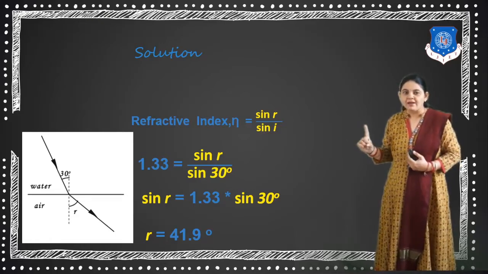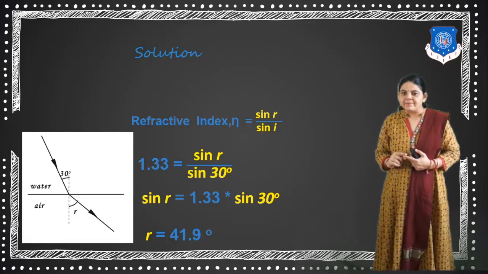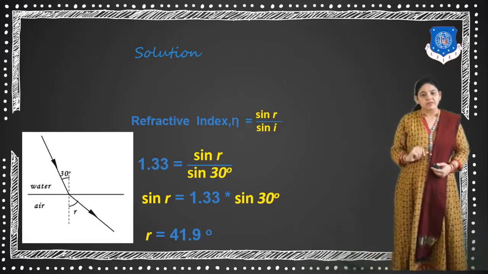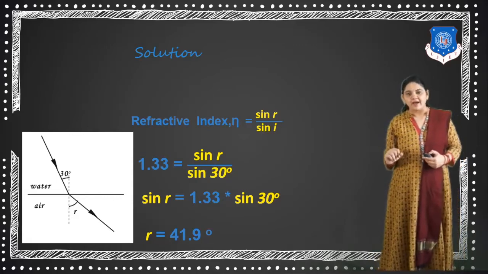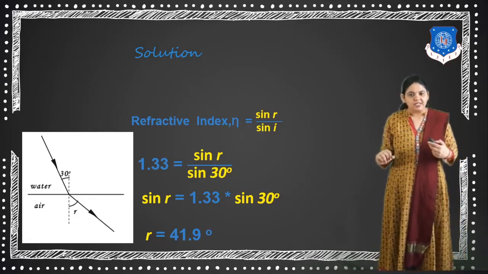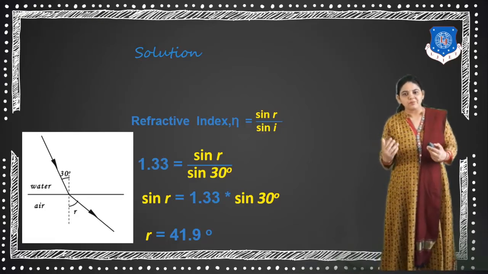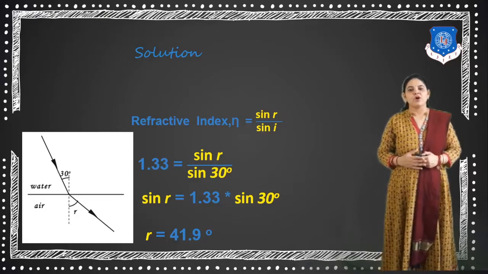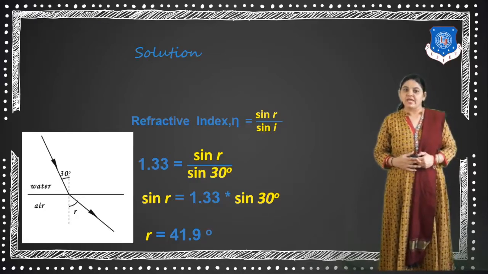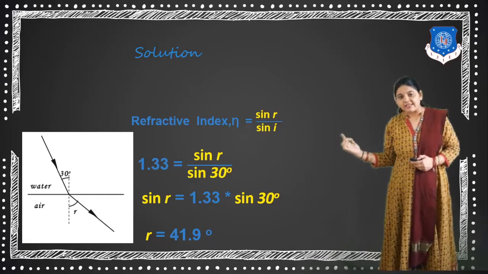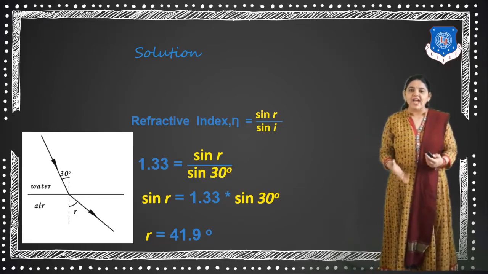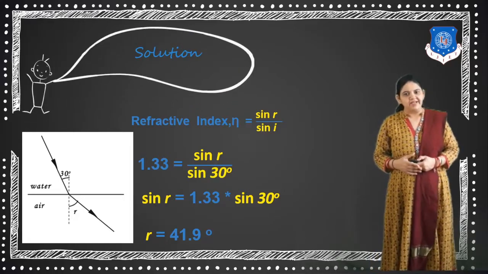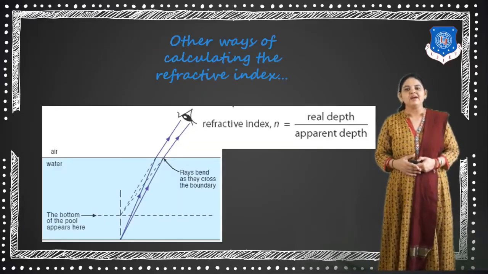It is sine r upon sine i. The refractive index of water is given, so 1.33 is equal to sine r upon sine 30. So sine r is equal to 1.33 multiplied by sine 30, and the angle is 41.9 degrees. So this way, by drawing the diagram, or by considering where the incident ray falls upon the other medium, you can get the idea.